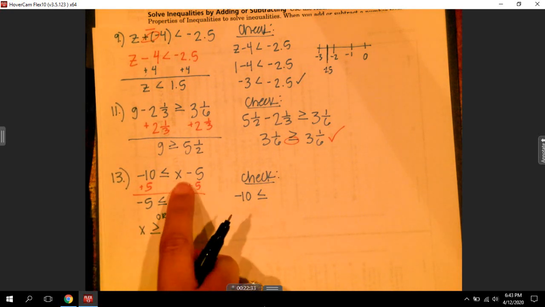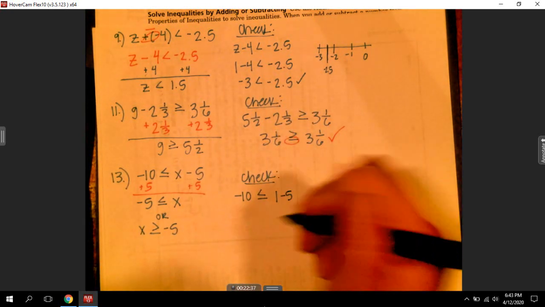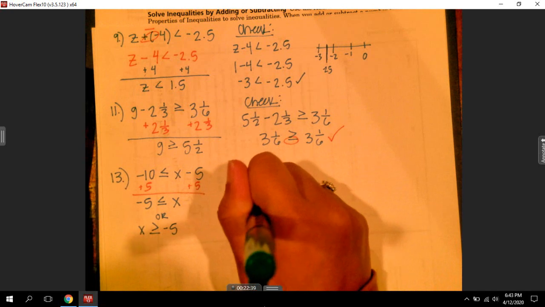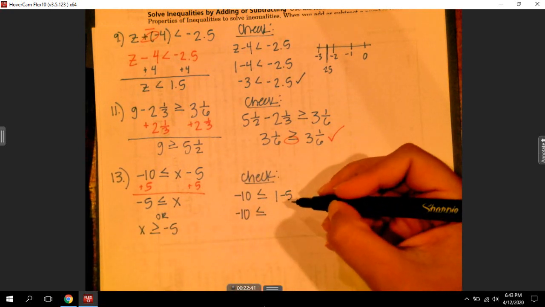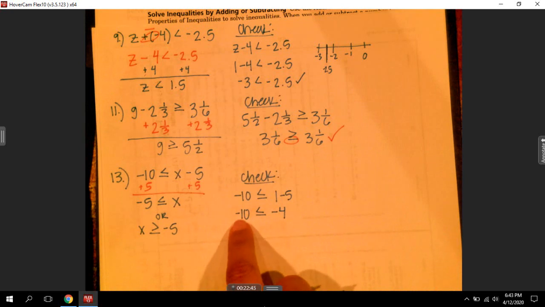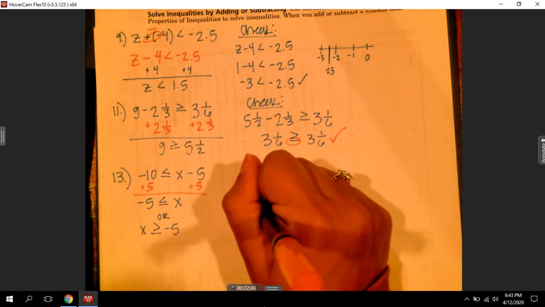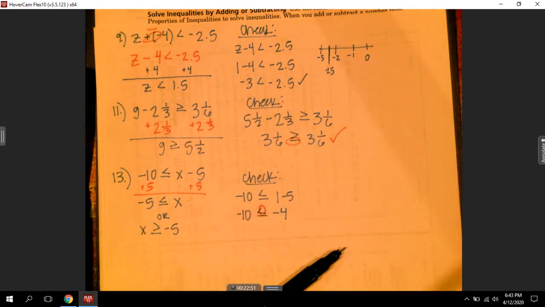So let's say 1 minus 5. So negative 10 is less than or equal to 1 minus 5, which should give you negative 4. So is negative 10 smaller than negative 4? Yes, it goes with that less than part right there. It's not equal to, but it is less than, so it is a true statement.